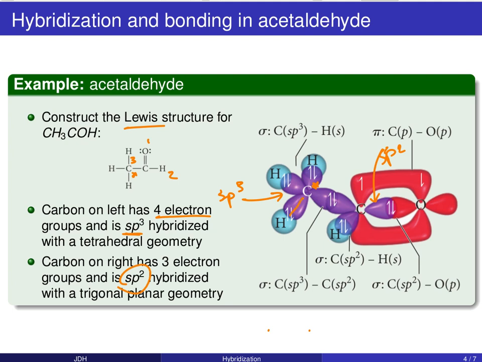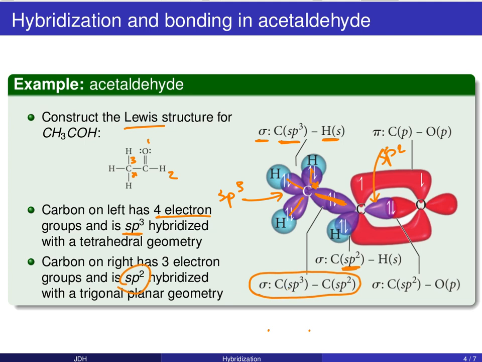Well, the first 3 bonds to hydrogen are simply going to be sigma bonds formed between the head-to-head overlap of carbon sp3 hybrid orbitals and the unhybridized 1s orbital on hydrogen. Now, the fourth hybrid orbital is actually going to be engaged in a head-on overlap with the sp2 hybrid orbital on carbon. And so this bond here, again, is head-to-head overlap. So we are going to be looking at another sigma bond.